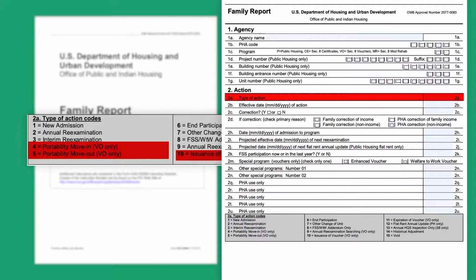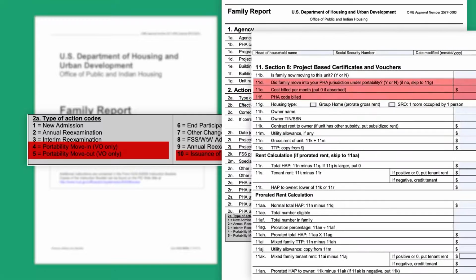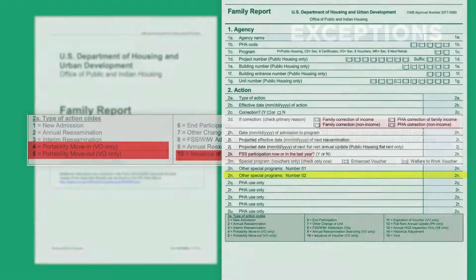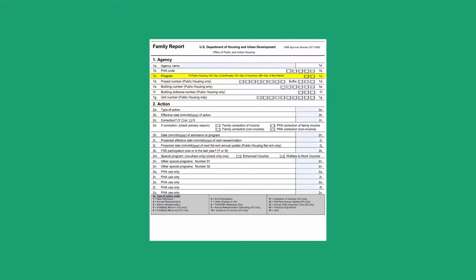Also, lines 11D through 11F must be left blank. PHAs should enter RAD PH in line 2N for PIC, in addition to Section 11. Please note, because the PBV program is part of the HCV program, line 1C must be coded VO.